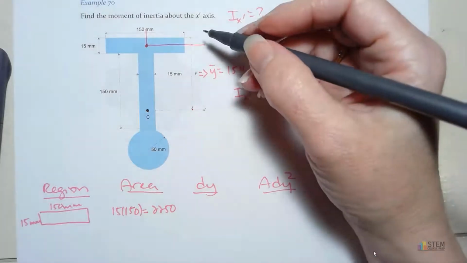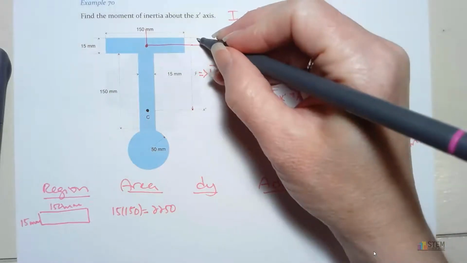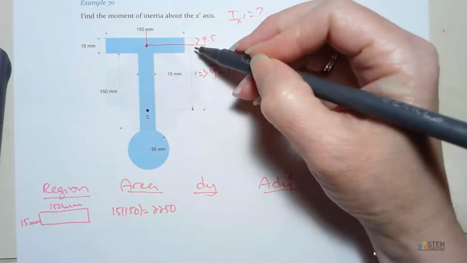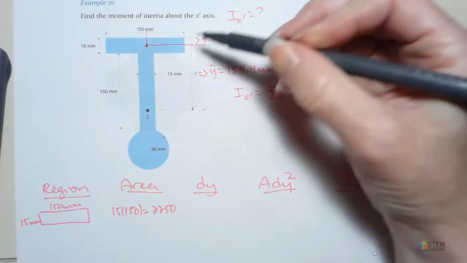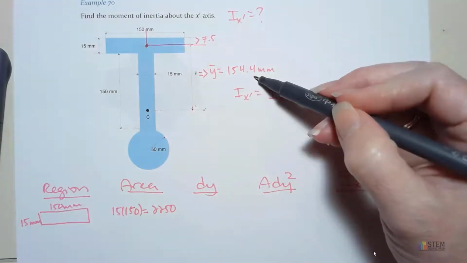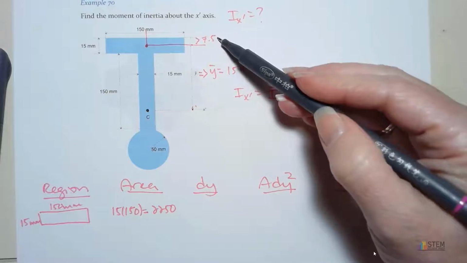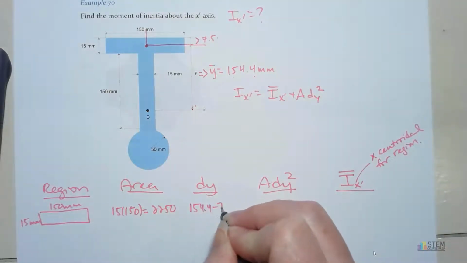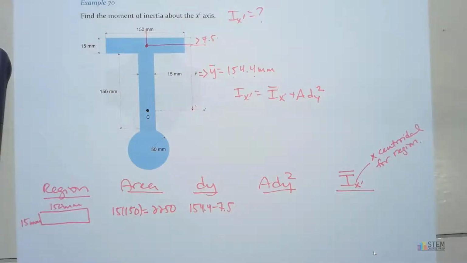All right. So that means that this is 7.5. Now we can find this distance. So we're going to have the 154.4 minus 7.5, like that. And that gives us 146.9.